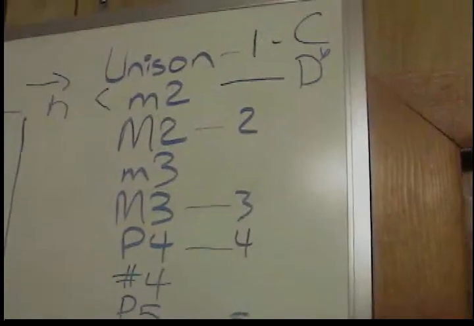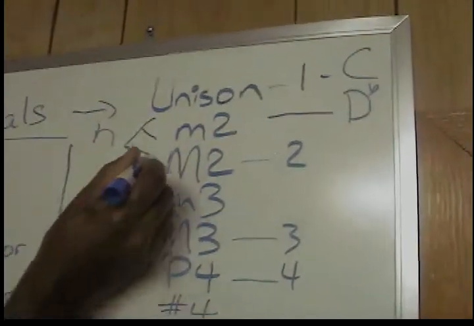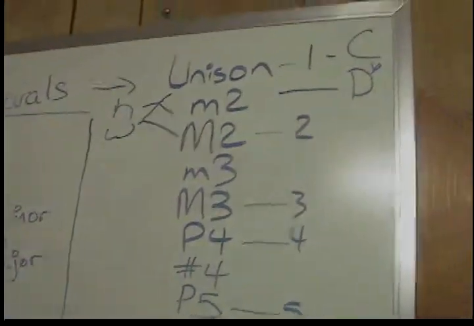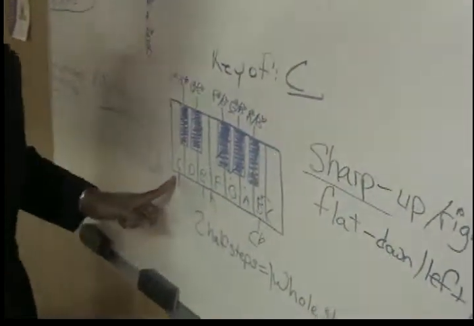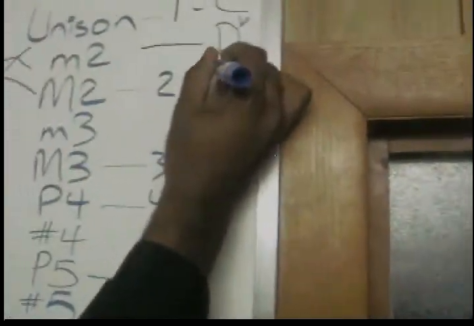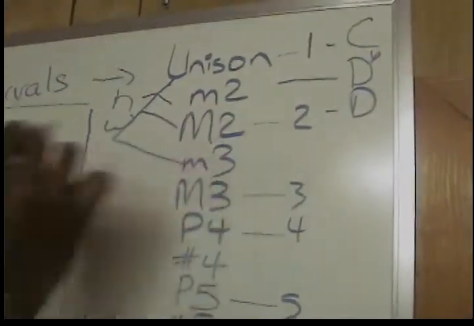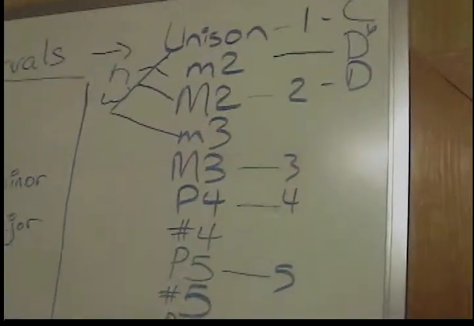All right. So from C, we need a major second. Now, that would be from here to here. And 2 half steps equal what? Whole step. And so from C, what note is a whole step? D. From C, or our unison, to a minor third. And let's get the diagrams.